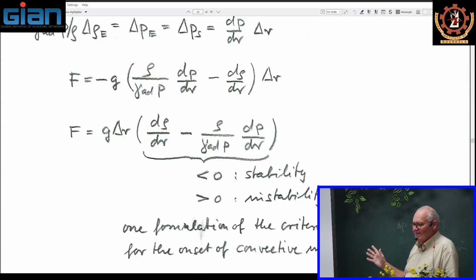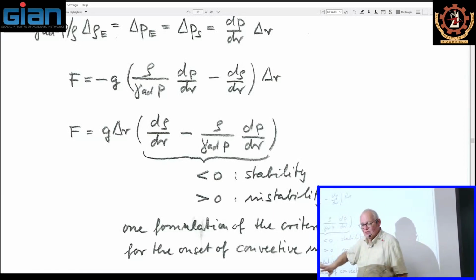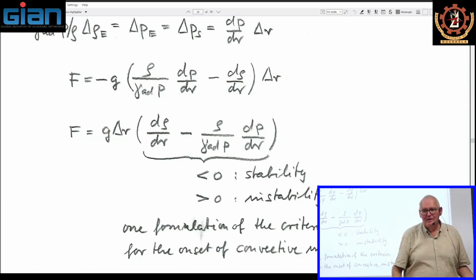So there is actually no physical difference between the two criteria, and they should not be used in the same configuration to compare or distinguish between different phenomena. Either our material is compressible, then we have to take this term into account, or the material is incompressible, then we don't need to.